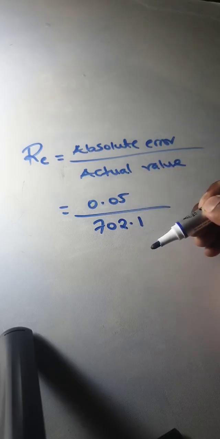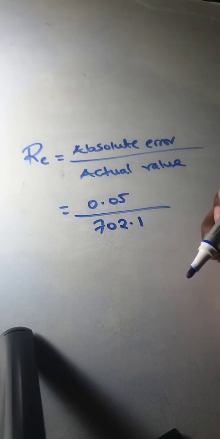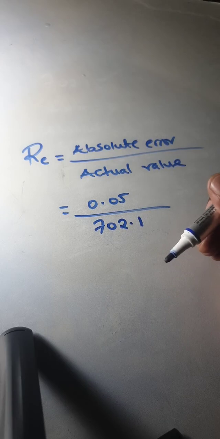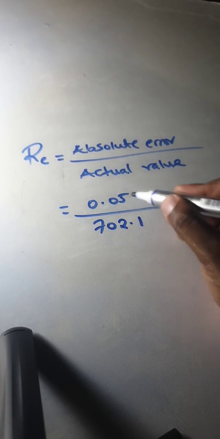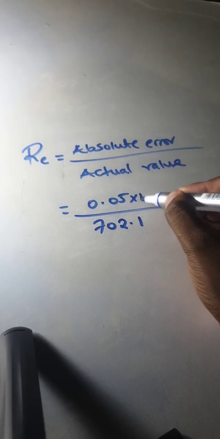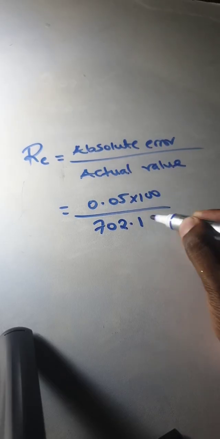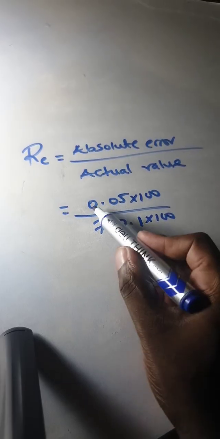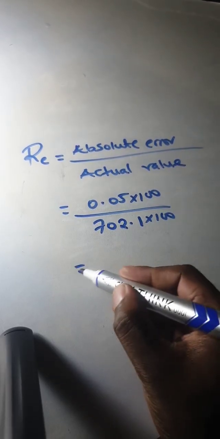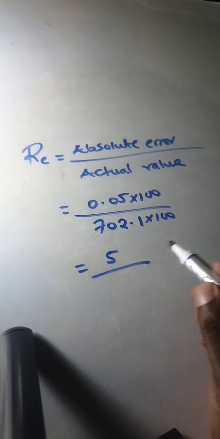So now, ladies and gentlemen, what we'll do next is change these decimal numbers. So now, how are we going to change this? It's in two decimal places, so we multiply by 100. So that 0.05 times 100, we get a 5 over.